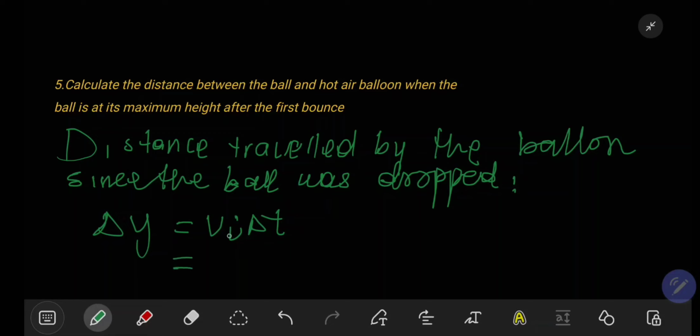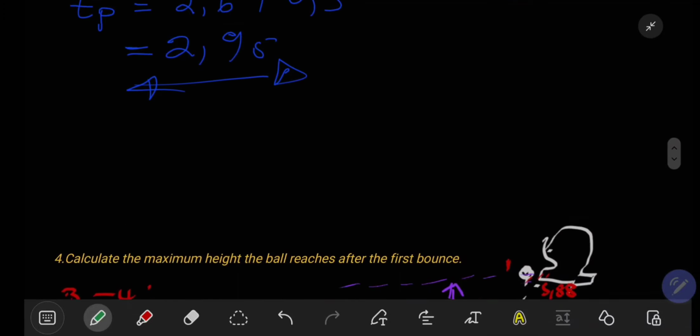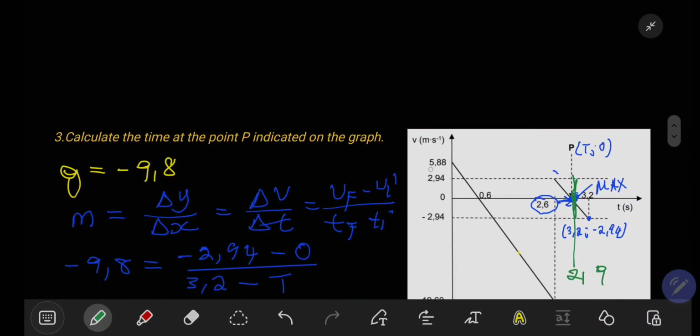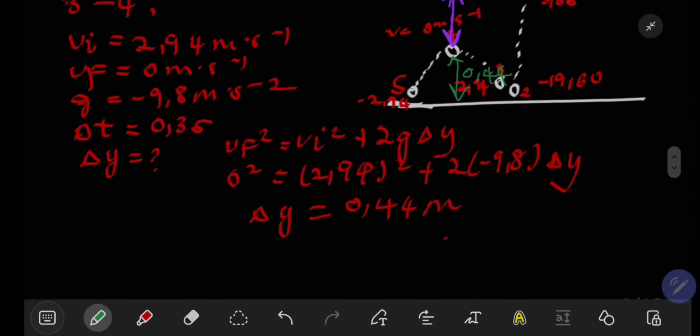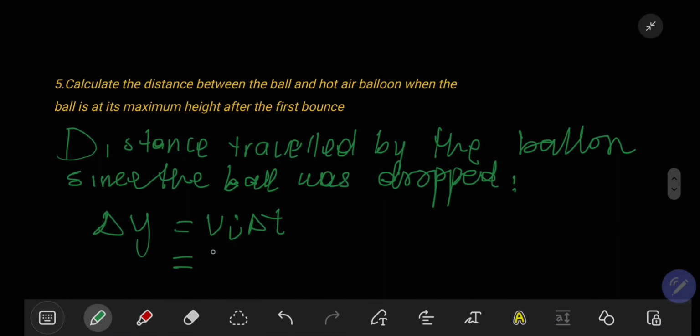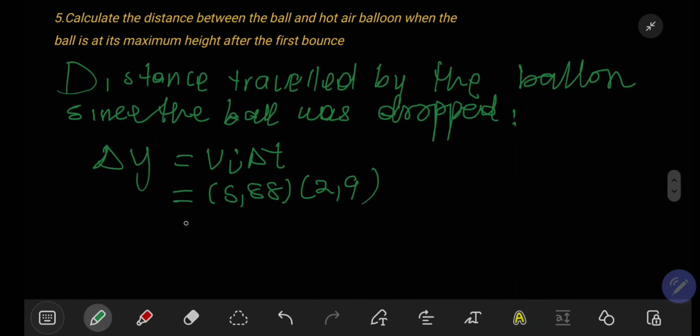The initial velocity of this hot air balloon is the same velocity that is shown here, which is 5.88. We're going to have 5.88 times our time, which is 2.9 seconds. Then we get our answer to be 17.05 meters. So this is the distance traveled by the balloon after this time.